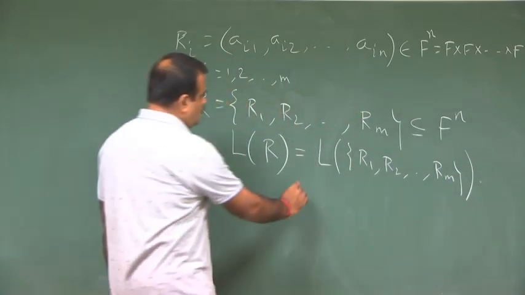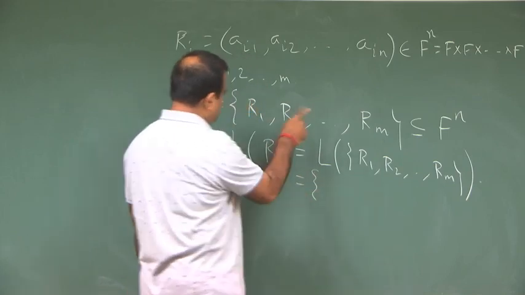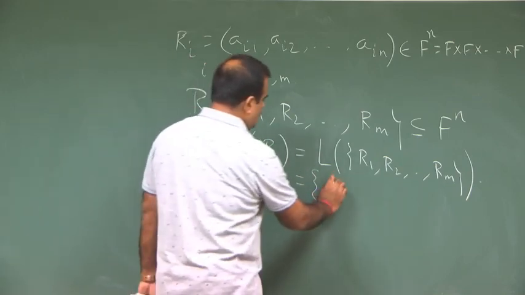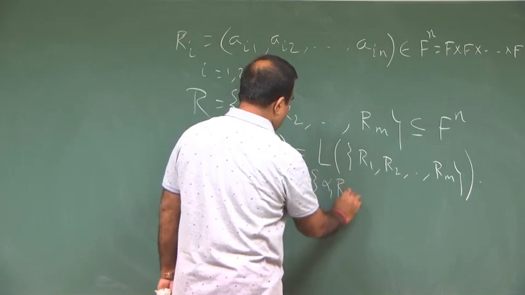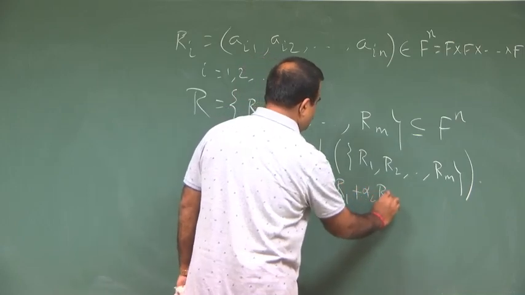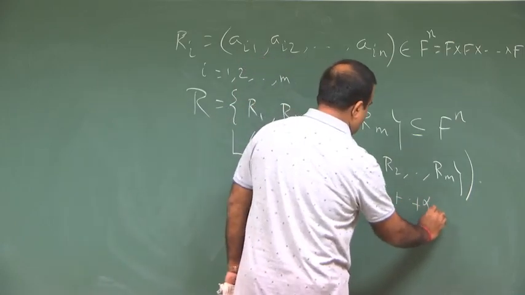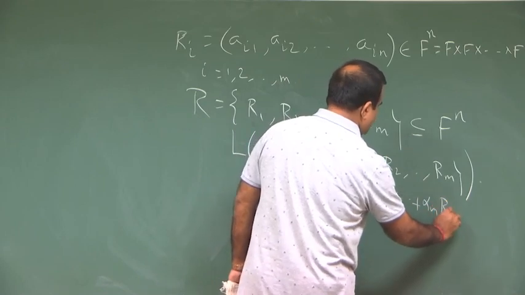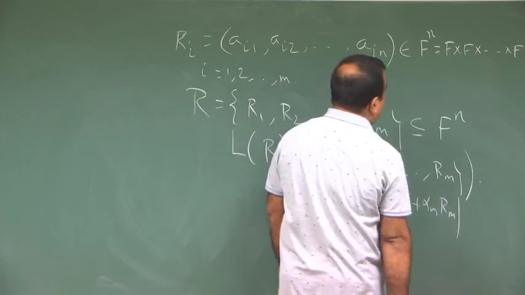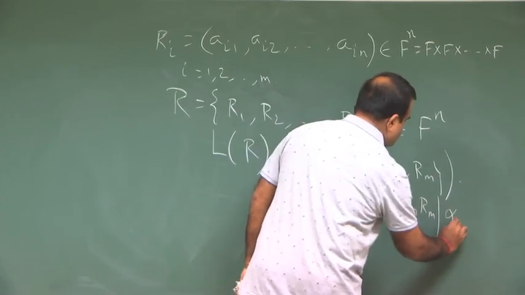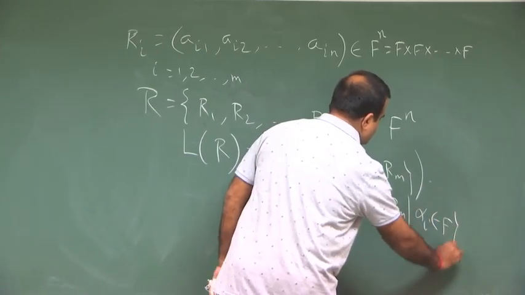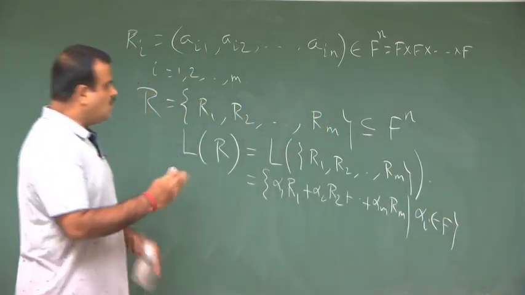This is all possible linear combinations alpha 1 R 1 plus alpha 2 R 2 plus dot dot dot alpha m R m, where the alpha i's are coming from the field, all possible alpha i.